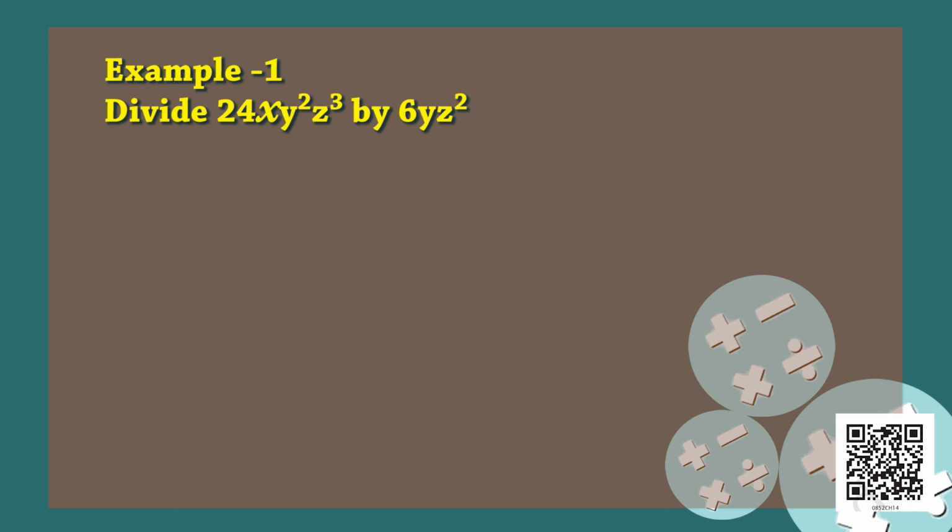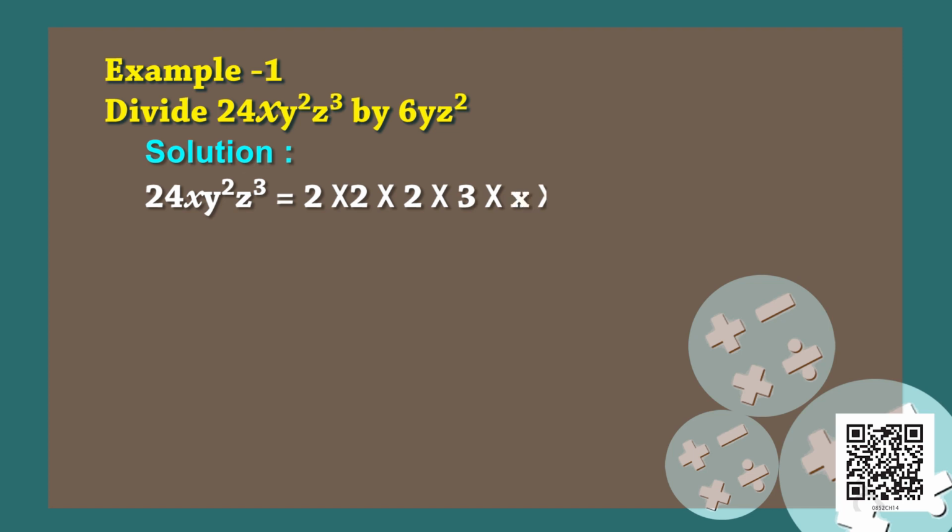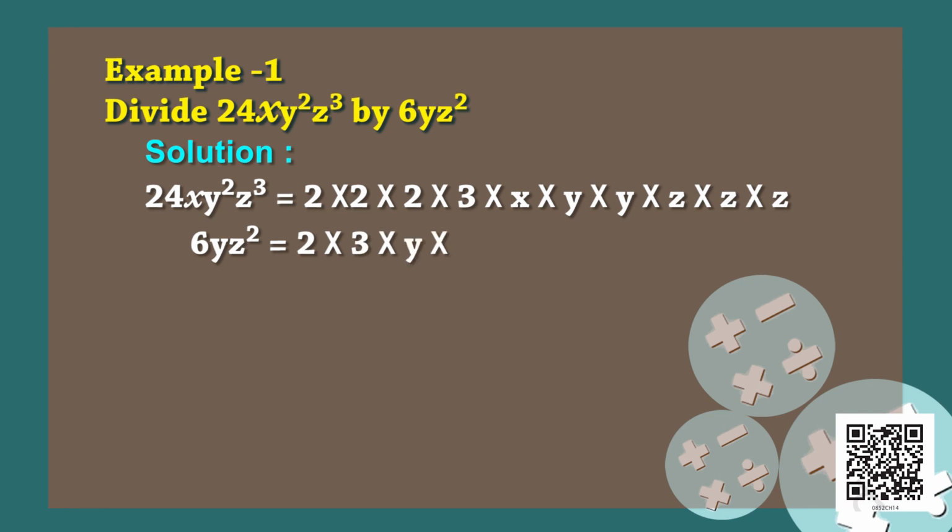Look at 24x y square z cube is equal to 24 can be written in the irreducible form as 2 into 2 into 2 into 3 into x into y square is y into y, and z cube is z into z into z. Similarly, 6yz square is equal to 6 can be written in the irreducible form as 2 into 3 into y into z square is z into z.